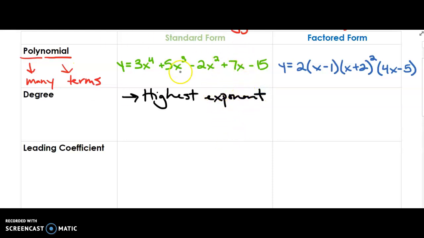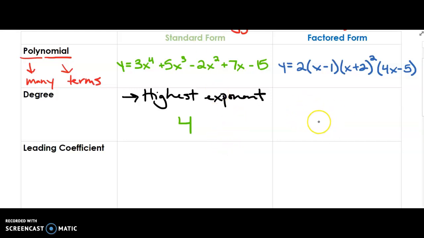If I'm looking at my polynomial, we already talked about the fact that if our polynomial is in standard form, our highest exponent should be a part of the first term. And as we double check just to make sure, yes, 4 is the biggest exponent, that is going to be our degree. And so I would say the degree of this polynomial in green is 4. That is going to matter for us later this week, so that's great that we're talking about it now.